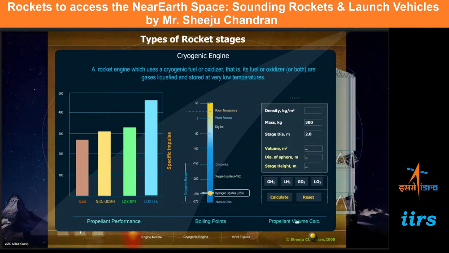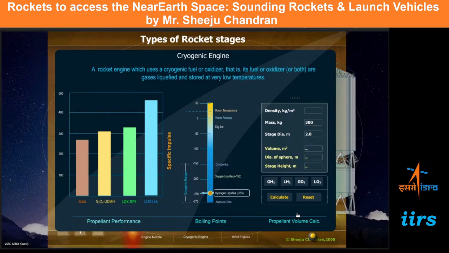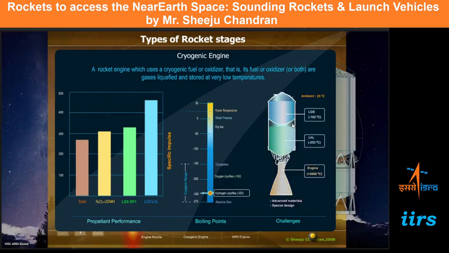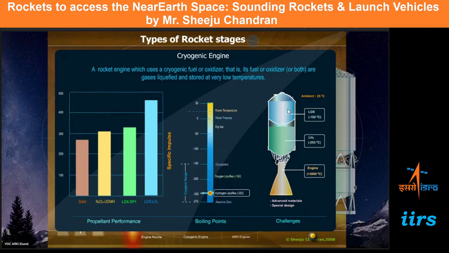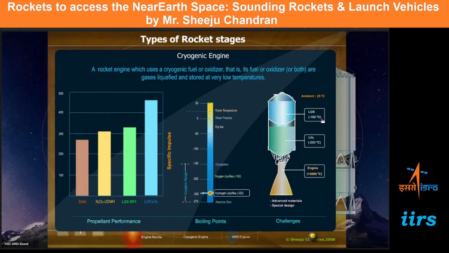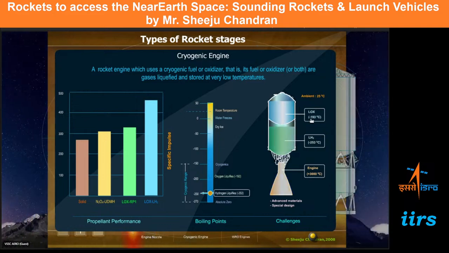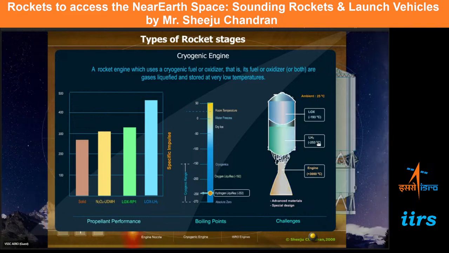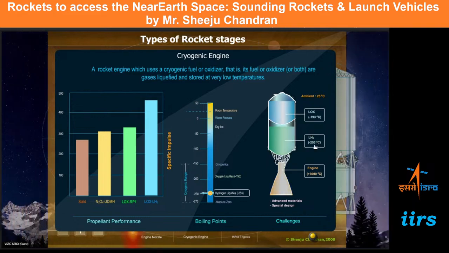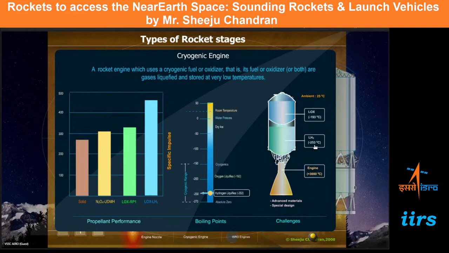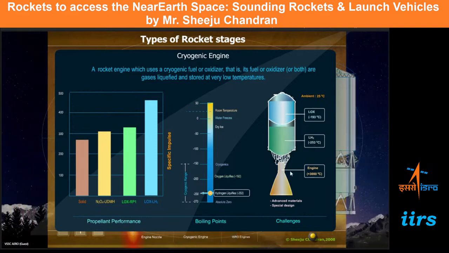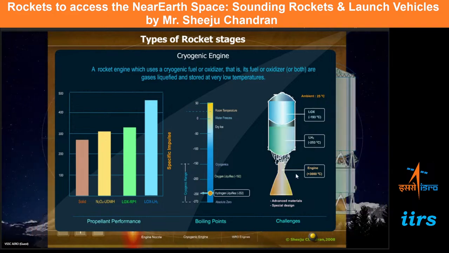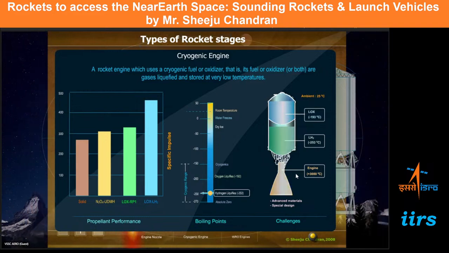So this is a major challenge you have to take when you are designing a cryogenic engine, because as I mentioned, in a cryogenic engine, the liquid oxygen tank will be at an extremely low temperature of minus 193 degrees Celsius. The liquid hydrogen may be at an extremely low temperature of minus 250 degrees Celsius, whereas in the engine, just a few centimeters below, it will be at a temperature of around 3000 degrees Celsius in the other direction.